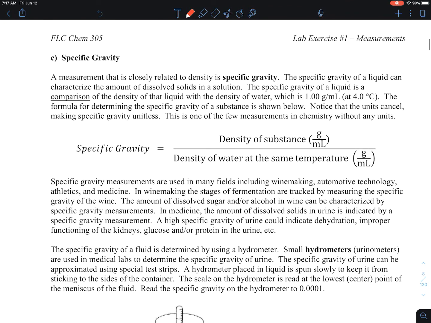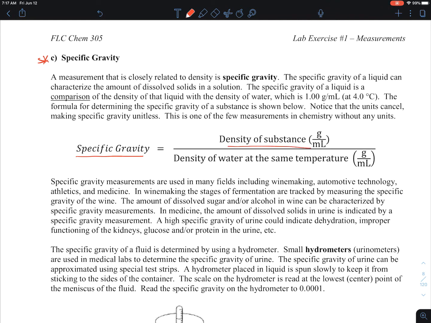So that's this part B. The last thing is specific gravity, which doesn't require a lot of explanation. Specific gravity, I'm going to let you read through all this, but essentially what it does is it allows you to evaluate the amount of dissolved solid in a liquid. And in this lab, you're going to do it for synthetic urine.